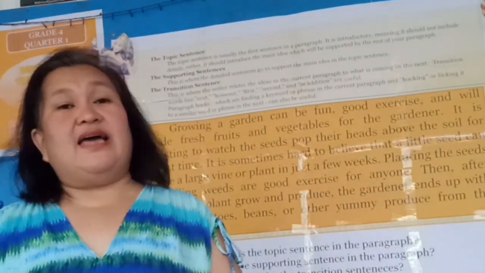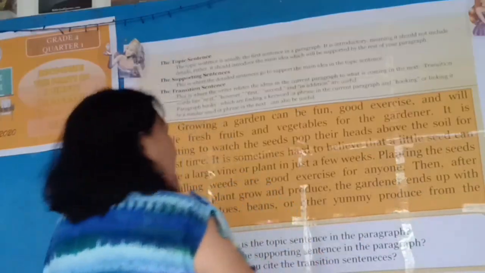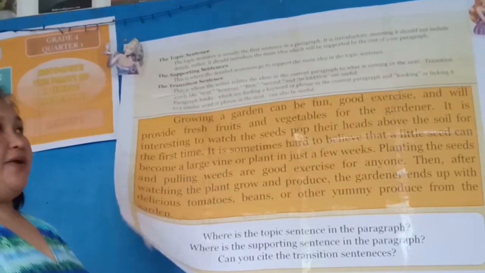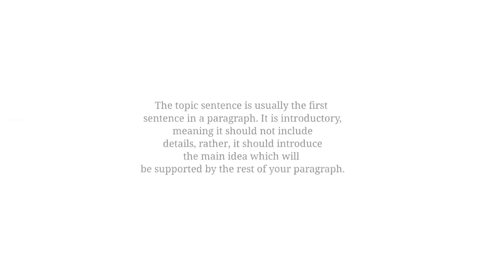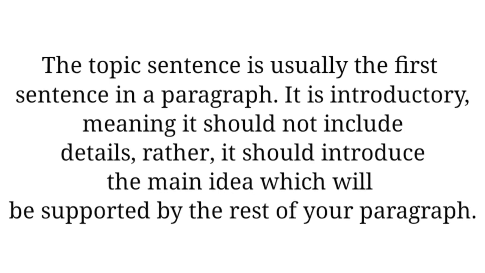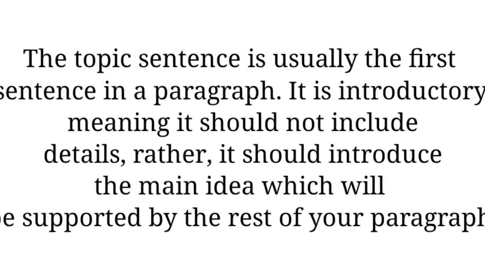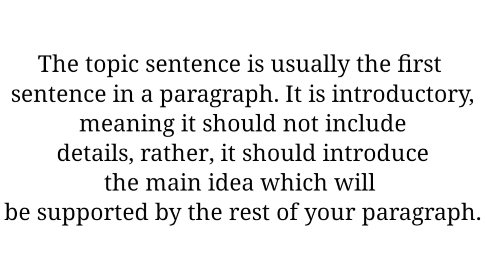To begin with, let us analyze the different parts of a paragraph. The first part of the paragraph is the topic sentence. What is the topic sentence? The topic sentence is usually the first sentence in a paragraph.